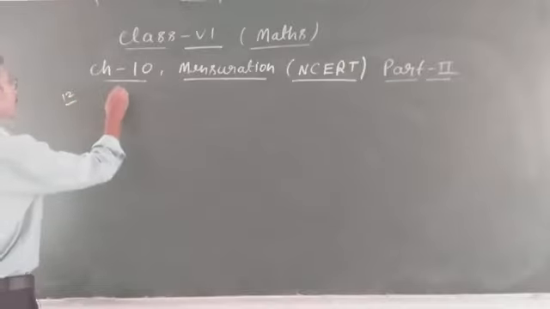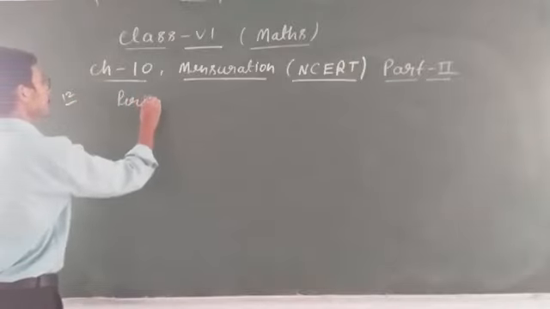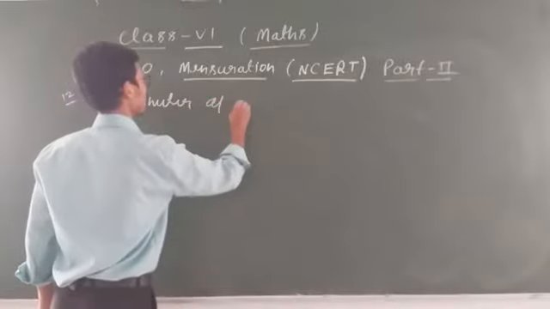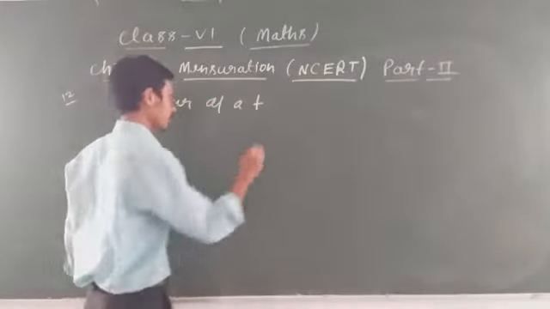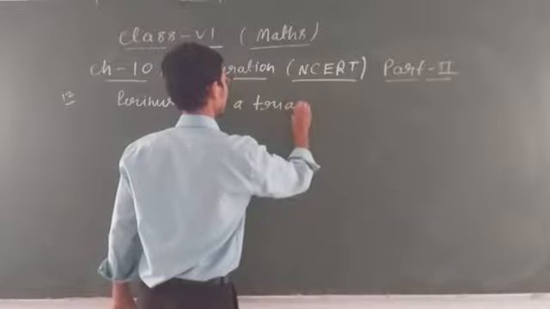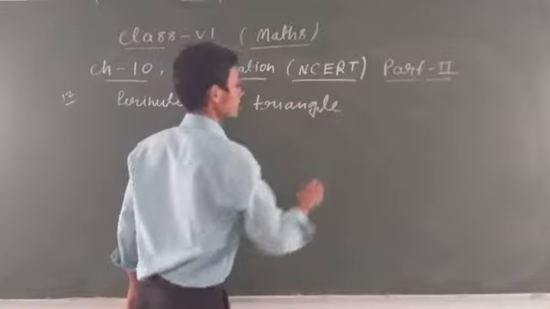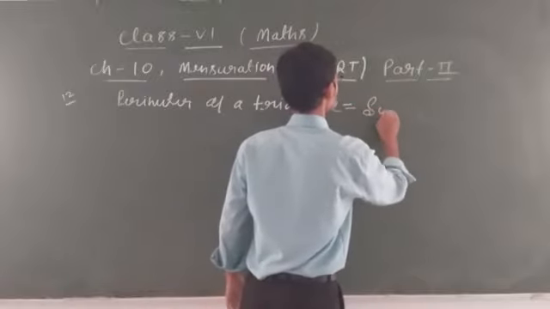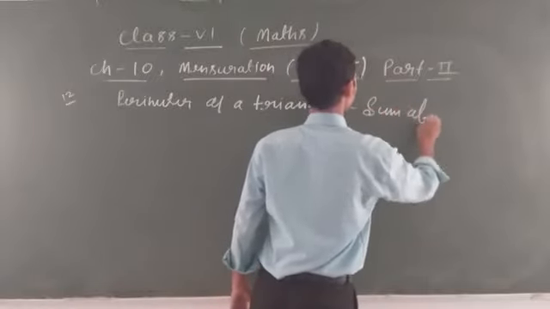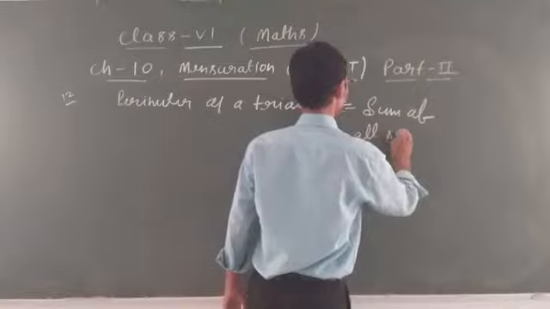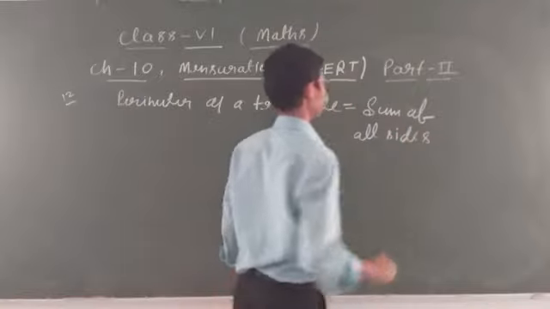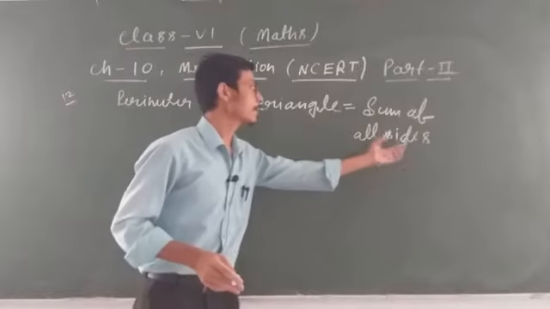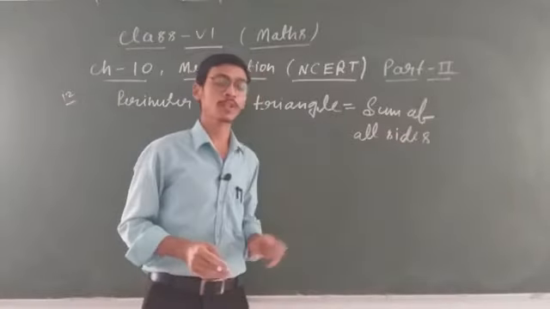You know that the perimeter of a triangle equals the sum of all sides. If I want to know how many sides a triangle has, do you know that, sir? 3 sides.